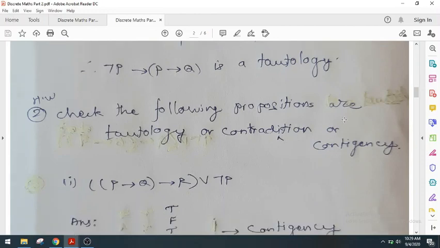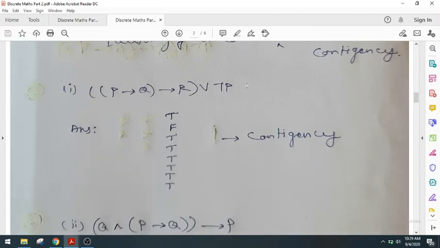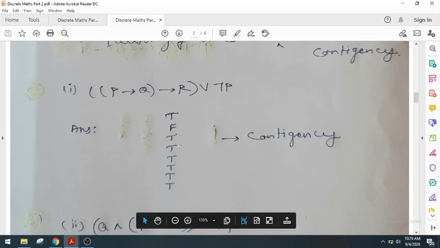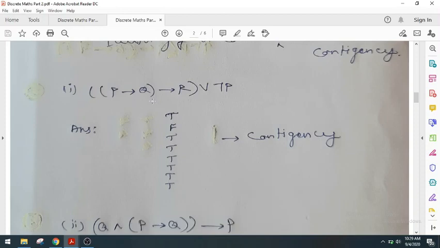Check whether the following propositions are tautology, contradiction or contingency. This must be a contingency. If you find the truth table for this one, we get contingency because the answer is both T and F. How to draw the truth table is very simple. Kindly watch our part 1 video to understand how to draw the truth table for all of those.